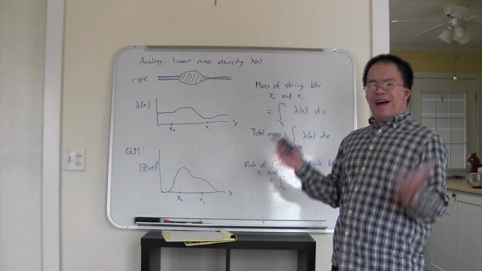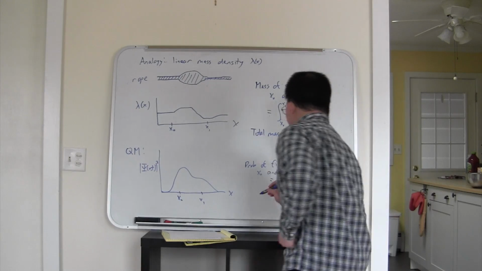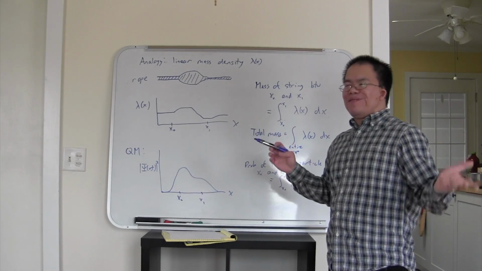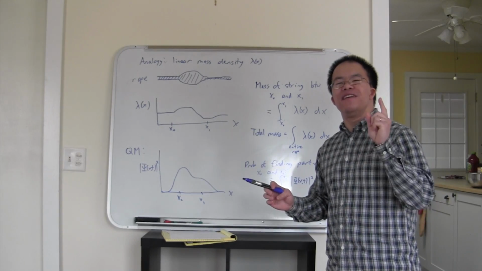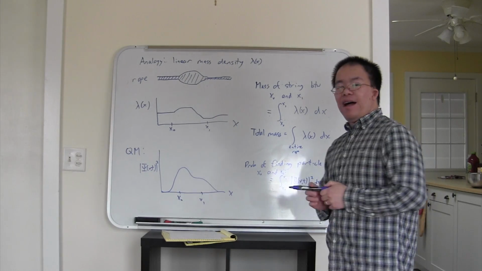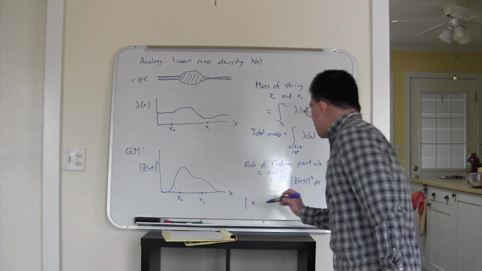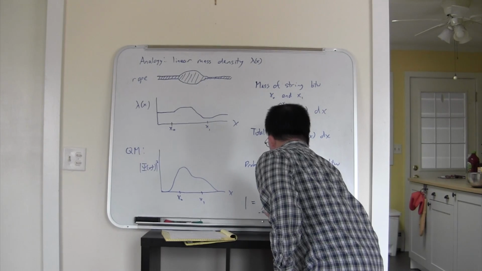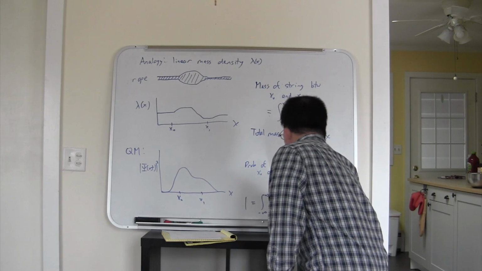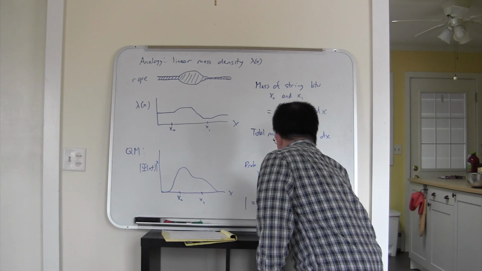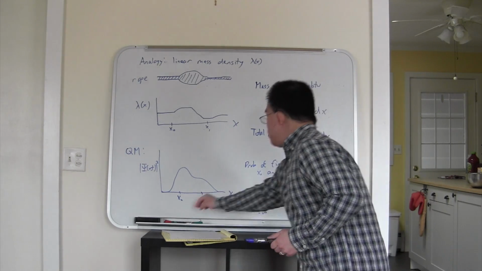Similarly, we know that if we have a particle, it's got to be somewhere. So if the particle really exists, then the total probability of finding it somewhere in all of space has to be equal to 1. In that case, 1 has to be equal to the integral of that probability density from minus infinity to positive infinity, and this is what we call normalization.